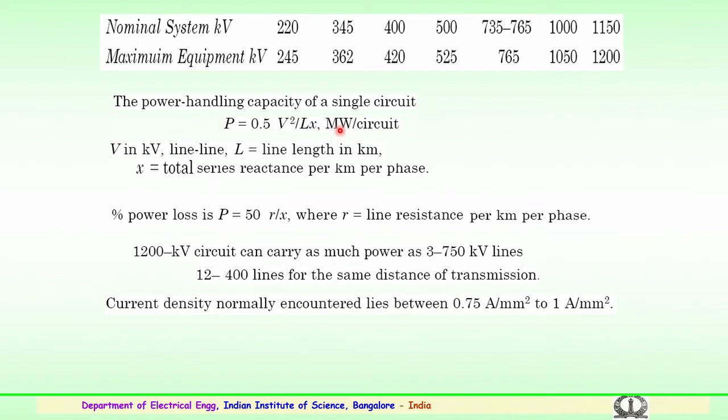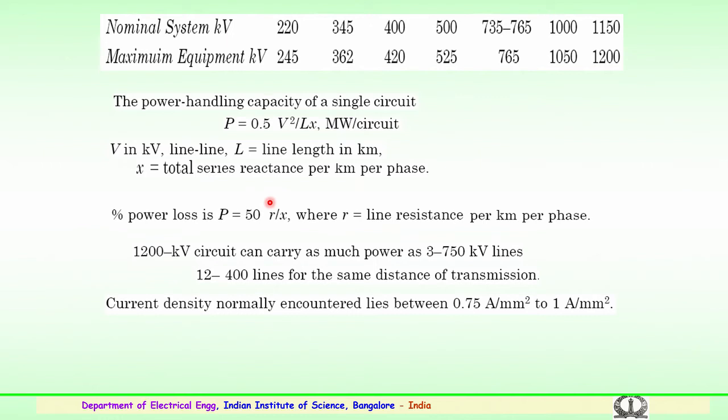This is in terms of megawatt per circuit, where V is in kilovolts, L is the line length in kilometers, and X is the total series reactance per kilometer per phase.